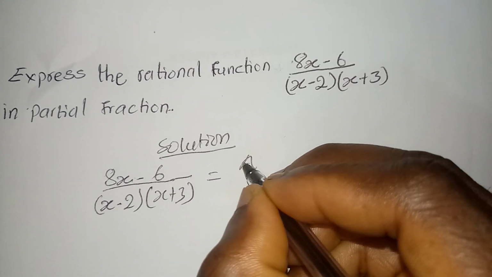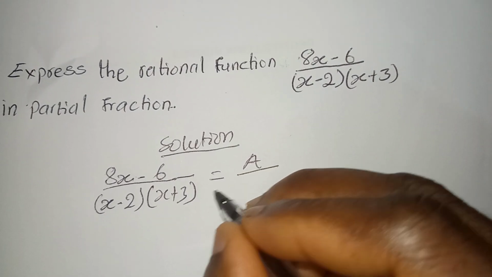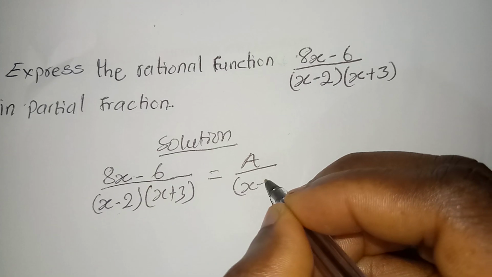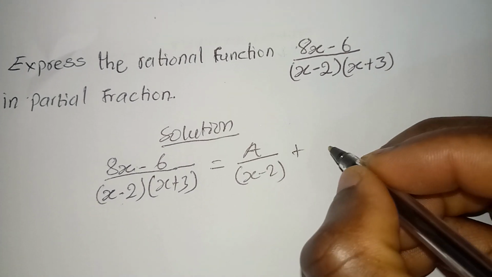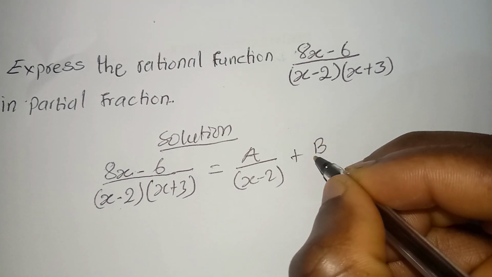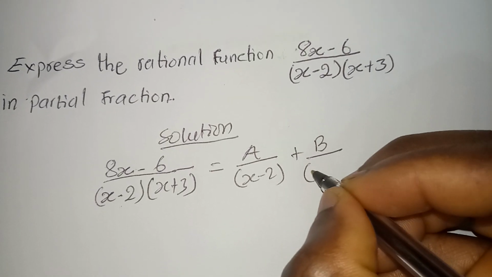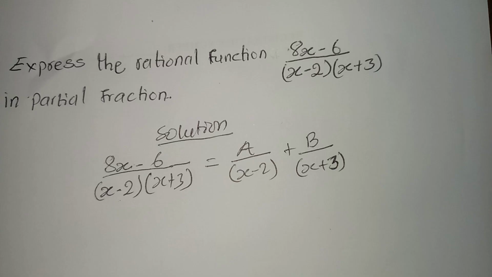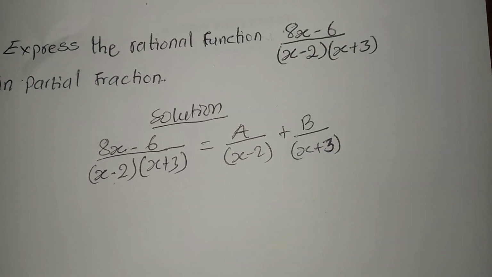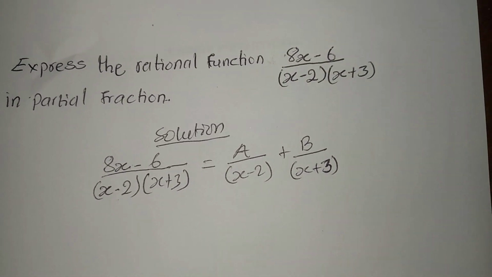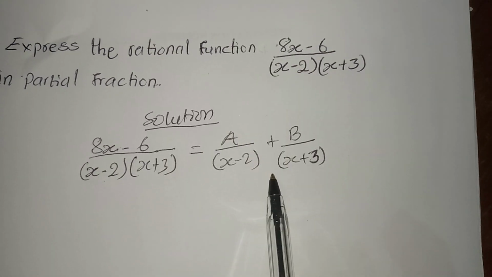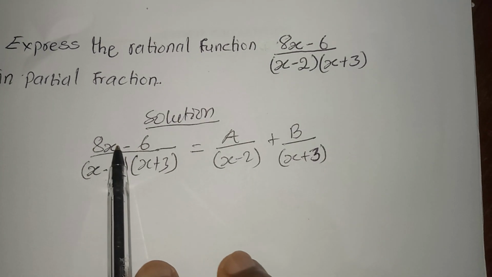this must be equal to A over the first term, which is x minus 2, plus B over the second term, which is x plus 3. Now, having decomposed this, our main focus will be the numerator.